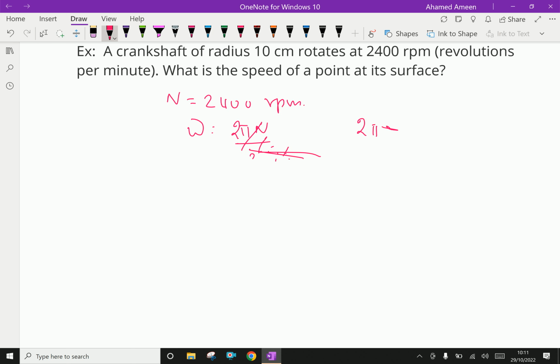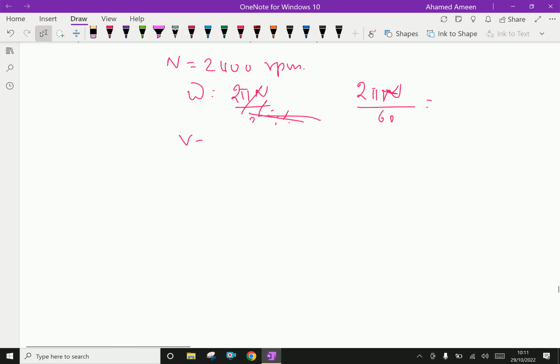Now what is the speed of the point? Linear speed v equal to r omega.